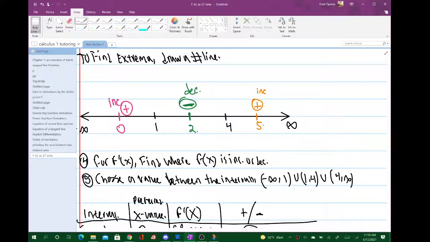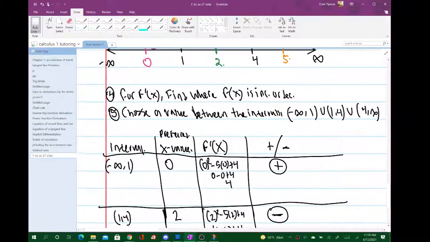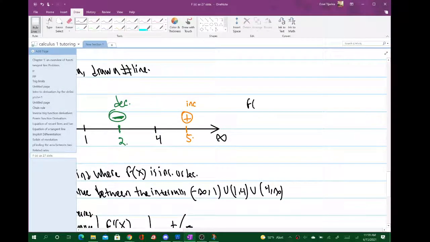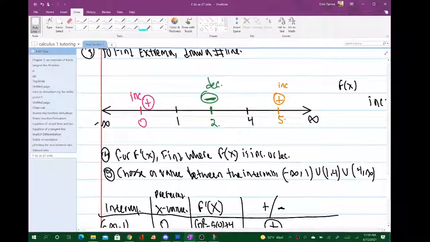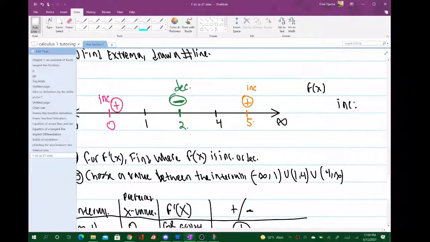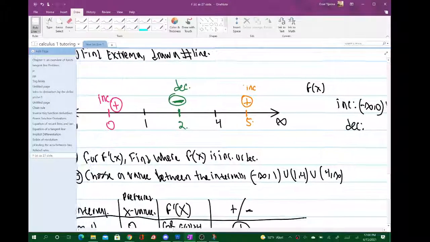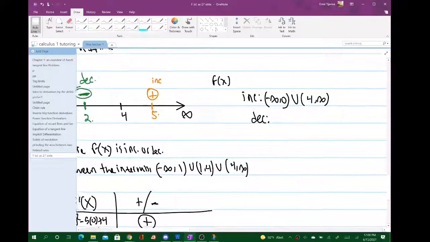So what does that mean? That f of x is increasing from negative infinity to 0, union 4 to infinity, and it is decreasing from 1 to 4.